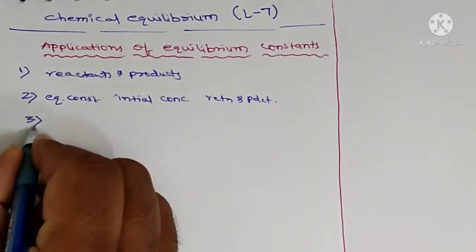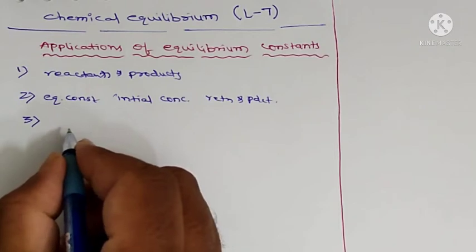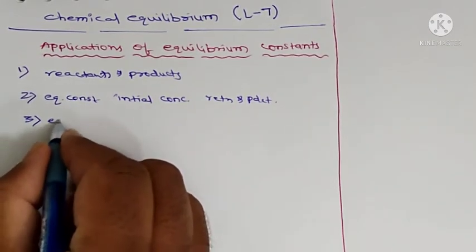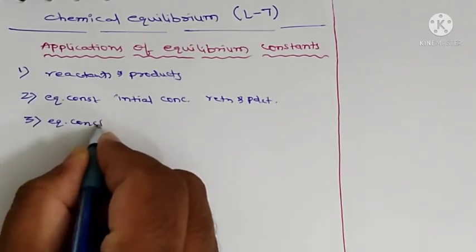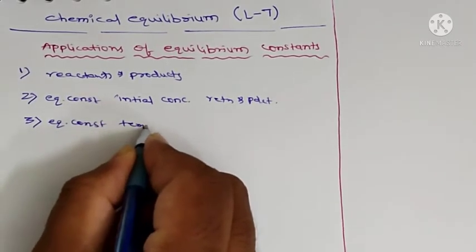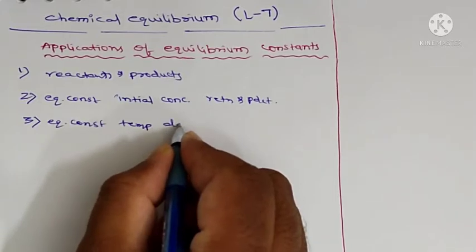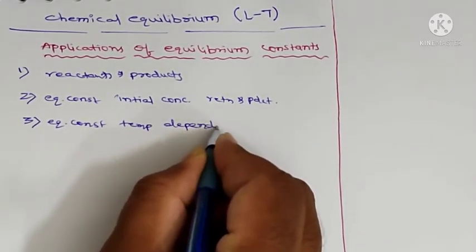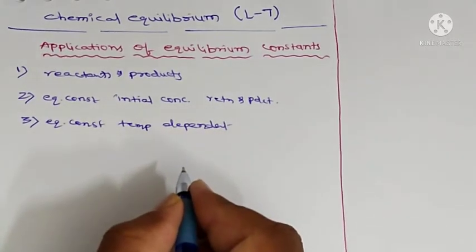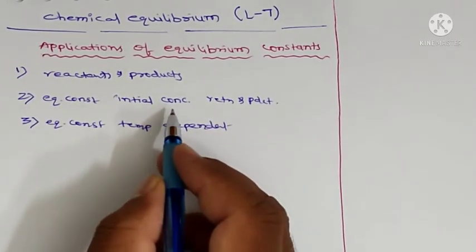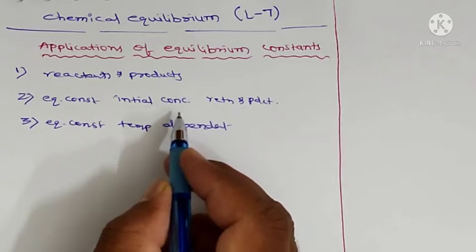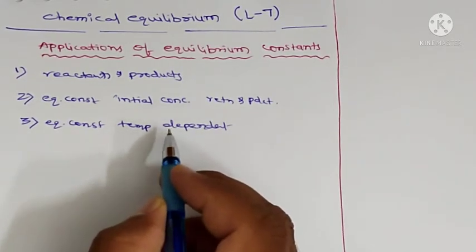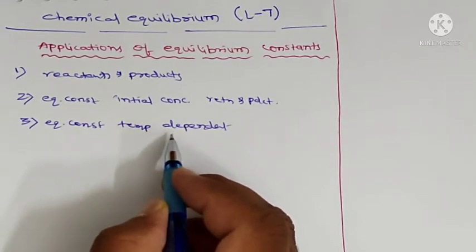Number 3, equilibrium constant is temperature dependent. So it is independent of the initial concentrations of reactants and products, but dependent on the temperature.